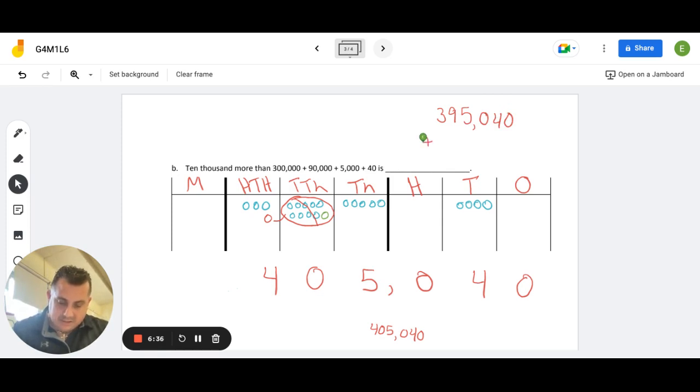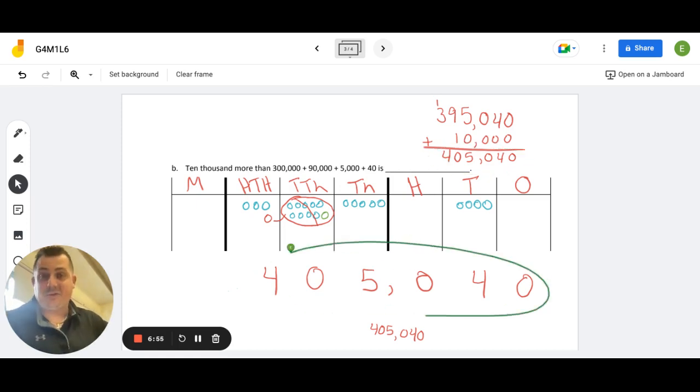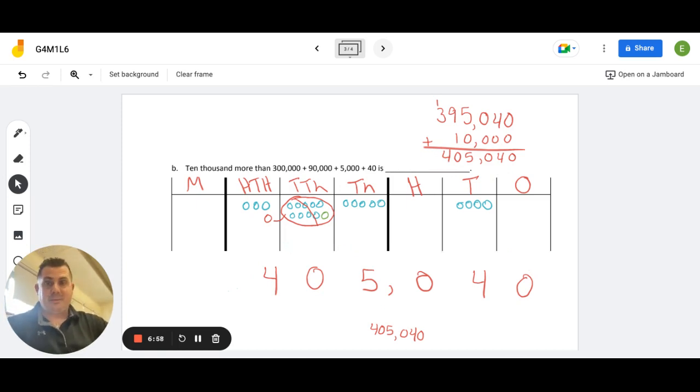And we were just adding 10,000 more, which is what we did down in the place value chart, and just added as we normally would with regrouping. Do I have the same 405,040 as 405,040? You do. That's how you would do it. And so I showed it with the standard algorithm way and using your place value chart.